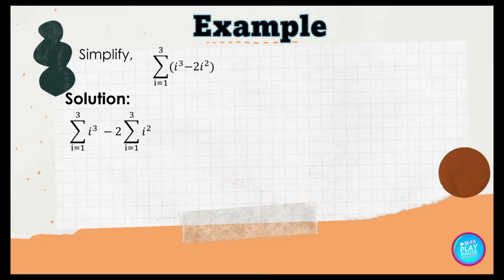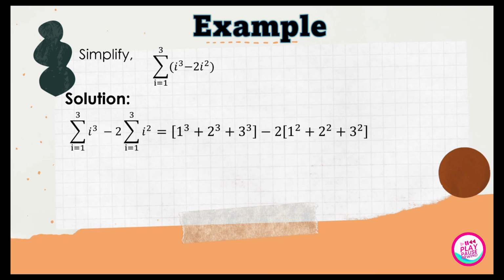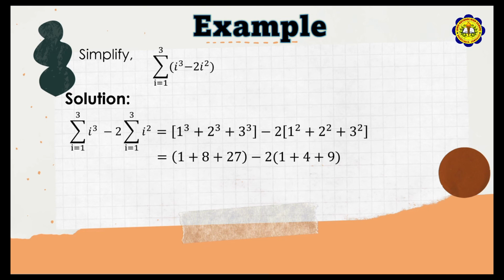Let's substitute the values of i from 1 to 3: 1 raised to 3 plus 2 raised to 3 plus 3 raised to 3 minus 2 times (1 raised to 2 plus 2 raised to 2 plus 3 raised to 2). 1 raised to 3 is 1, 2 raised to 3 is 8, 3 raised to 3 is 27, minus 2 times (1, 2 raised to 2 is 4, plus 3 raised to 2 is 9).